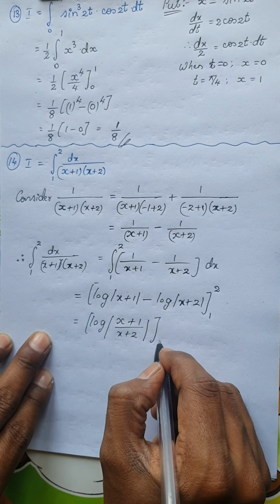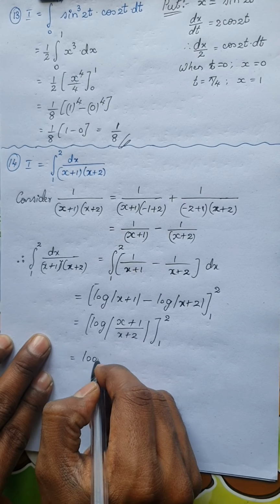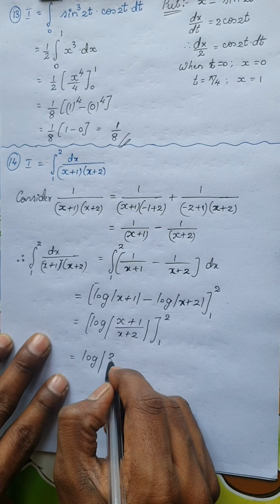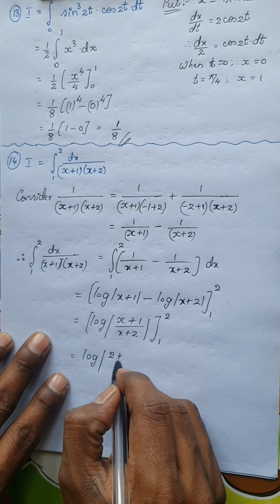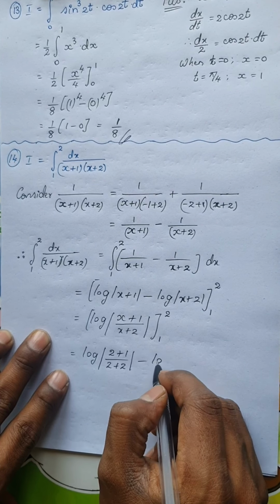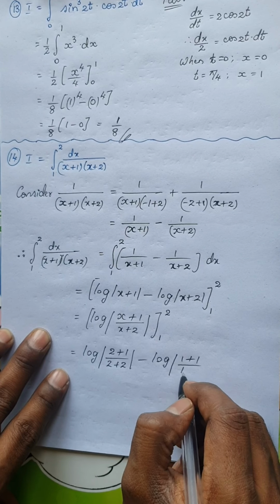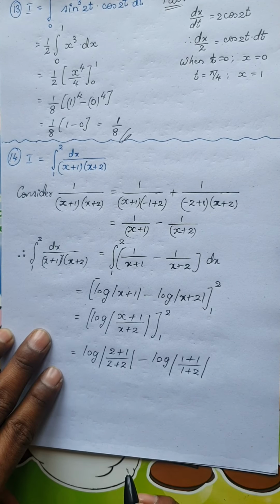Now let us use the limits 1 to 2. So this becomes log of mod, we put the value for x as 2, the upper limit, so 2 plus 1 divided by 2 plus 2, minus log of mod, lower limit, so 1 plus 1 divided by 1 plus 2.